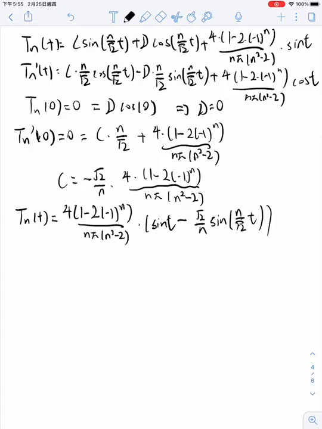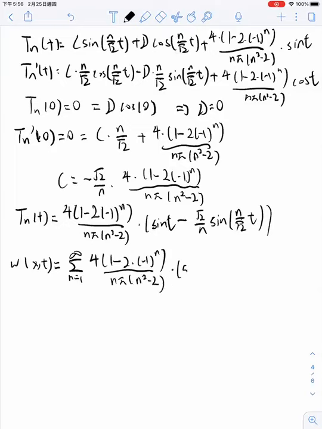And then we put this temporal part back into the function w. But what we actually want to get is the form of u.